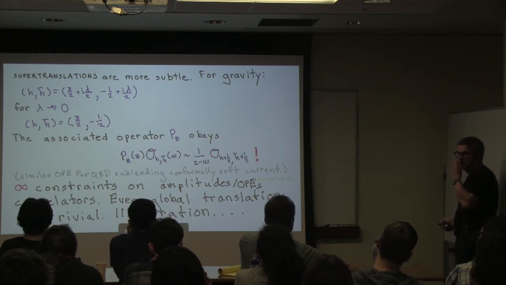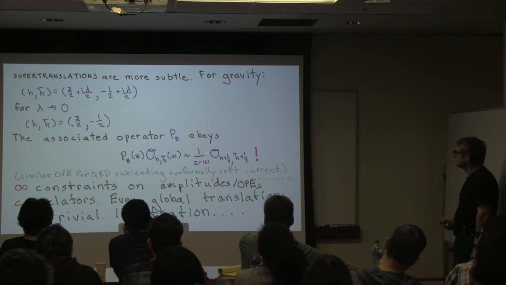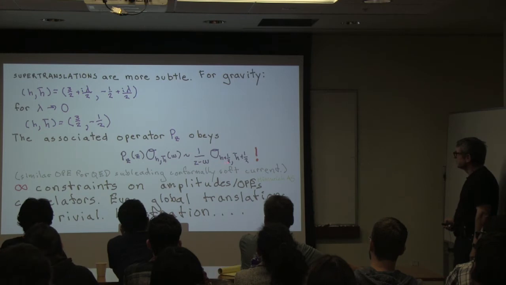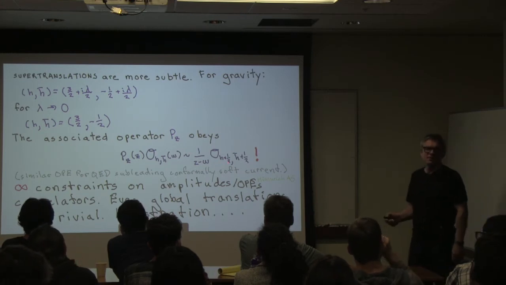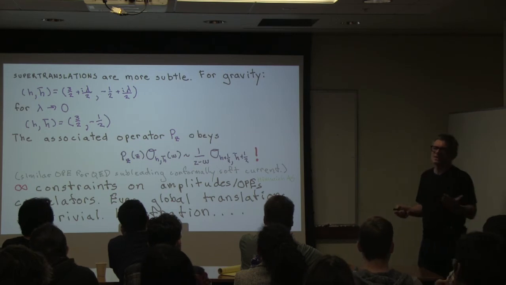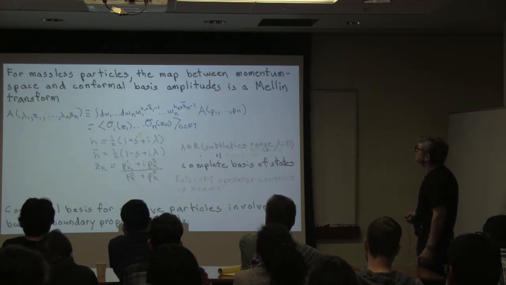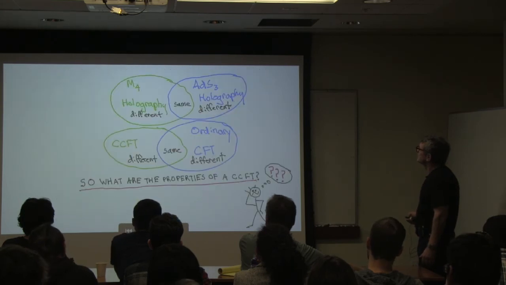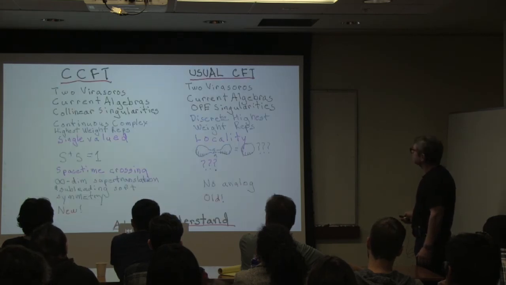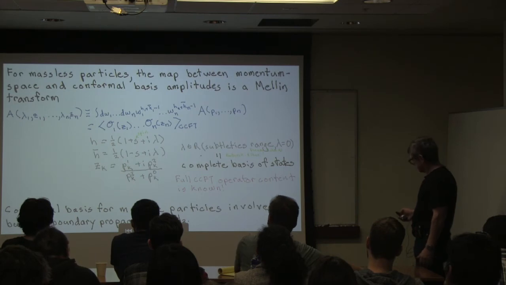So there's the holomorphic 1 over z minus w on the celestial sphere, but instead of mapping the operator to itself, it shifts the dimensions upwards. And the reason why it shifts the dimensions upwards is kind of obvious if we go back to here.